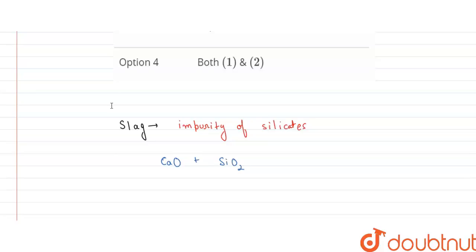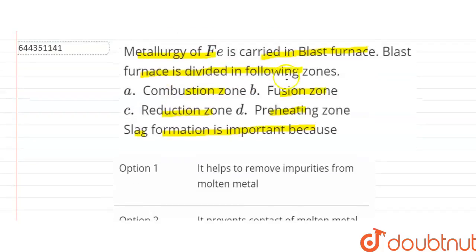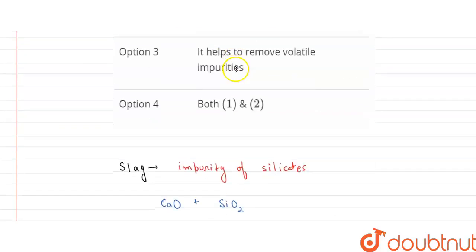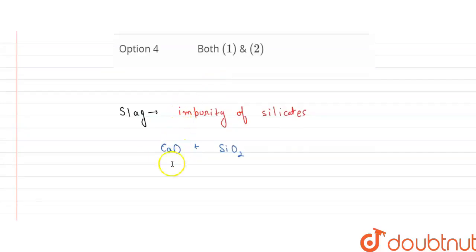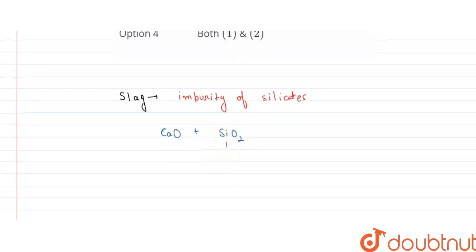So that is where this calcium oxide is coming from, and silicon dioxide is the impurity. So these both things react to give us CaSiO3, and this CaSiO3 is known as slag. So this comes down in the molten form and is collected at the last stage.